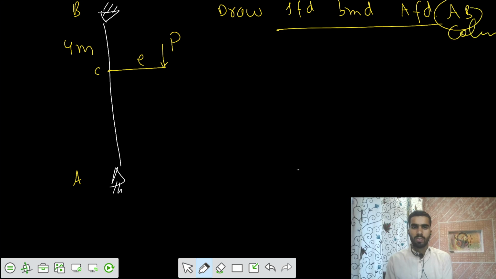If you want to transfer the effect of this P, there would be some P developed here, and there would be some moment PE developed also here.